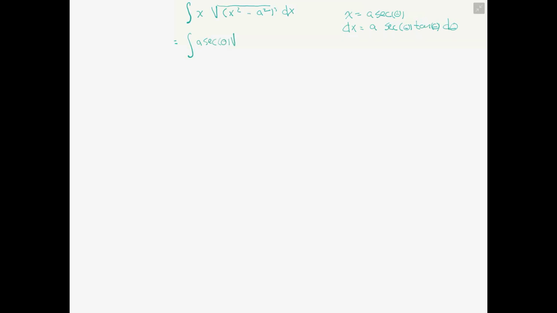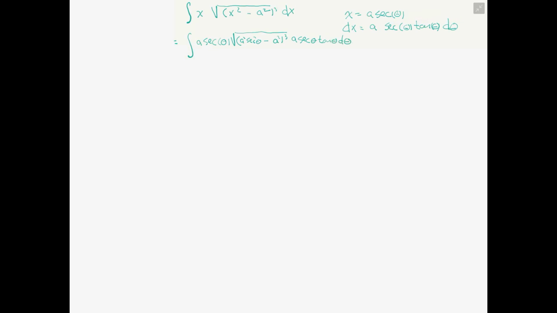We have our square root, which has a squared secant squared theta minus a squared, cubed, and dx is a secant theta tan theta d theta.